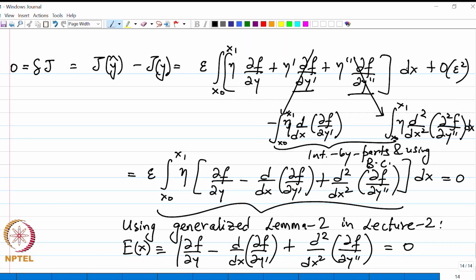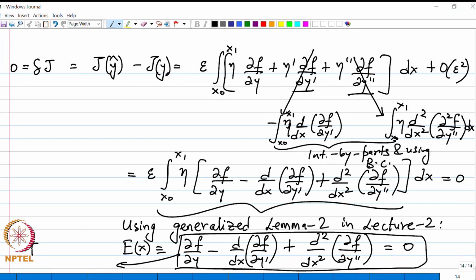So, this is the extension of the Euler-Lagrange equation for functions containing derivatives up to second order. We call this extended Euler-Lagrange the Euler-Poisson equation. I denote it in shorthand notation as EP equation. So, the extended Euler-Lagrange equations for functions containing higher order derivatives are also known as Euler-Poisson equations.